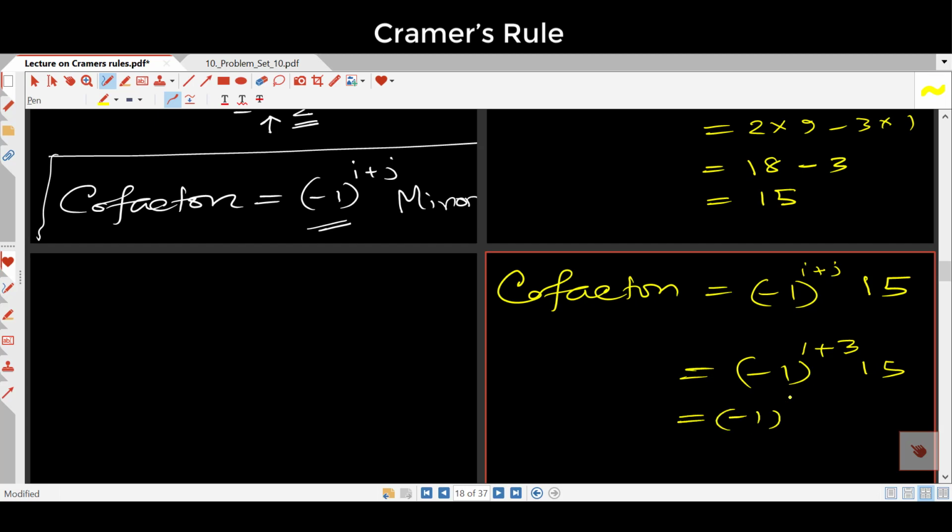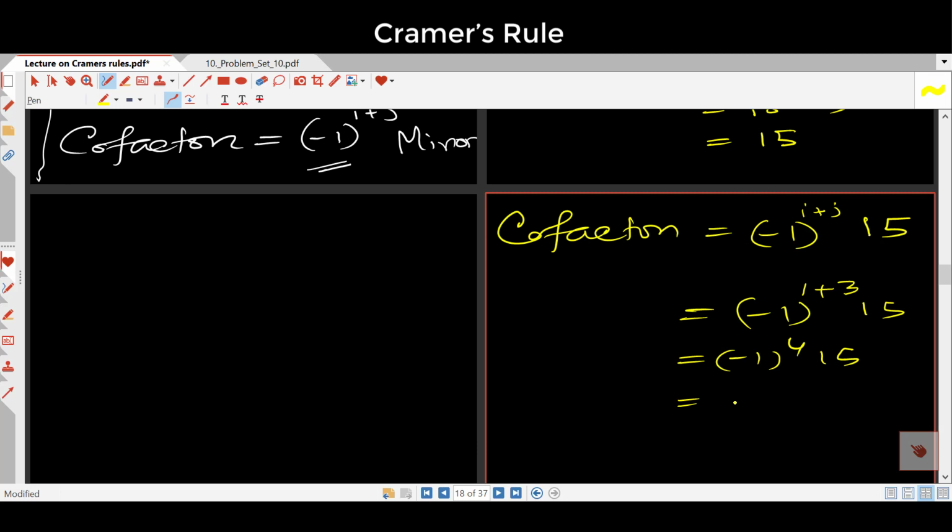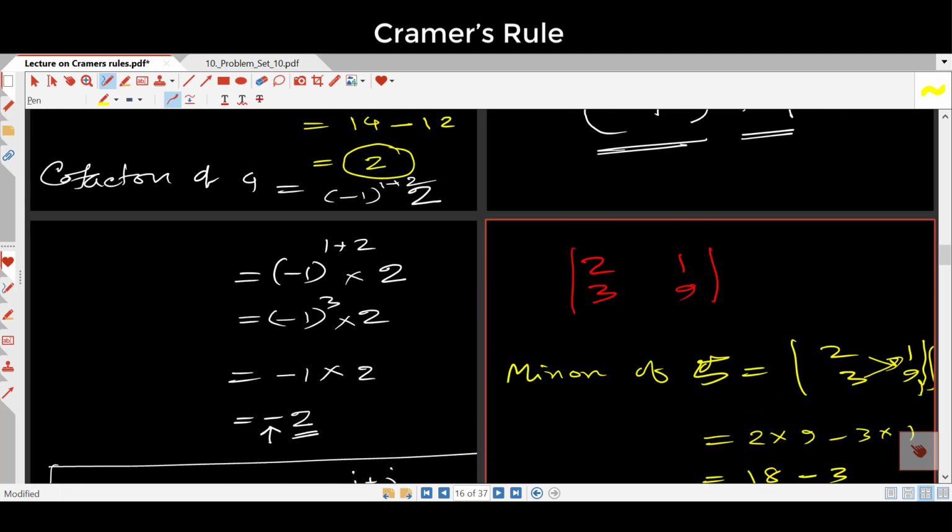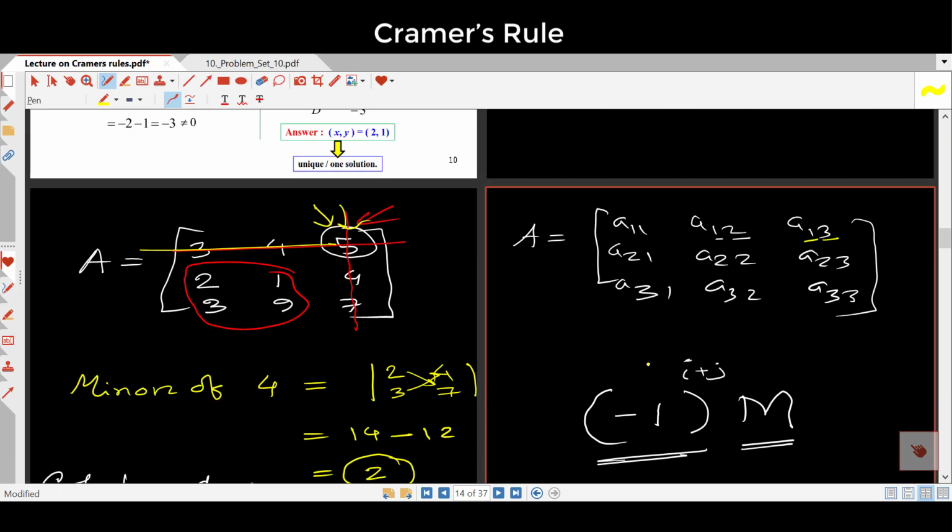So (-1) power 4 times 15. You know that (-1) power 4 is actually +1. So 1 times 15, that is 15. That means the cofactor is +15. So the cofactor is just the same as the minor, but the cofactor gives you positive or negative values. So finally you now have the idea of minor and cofactor.